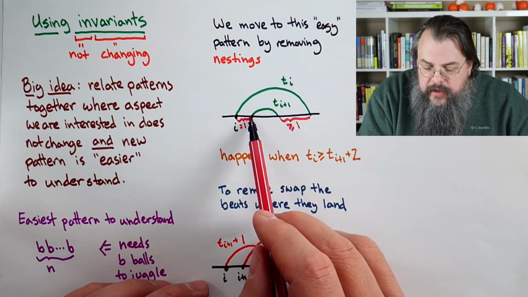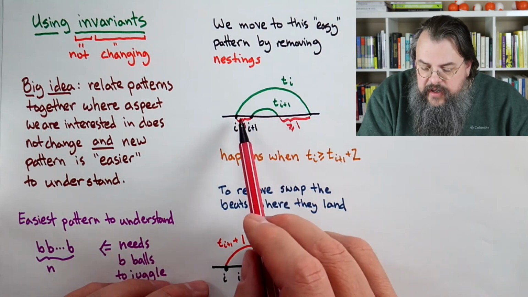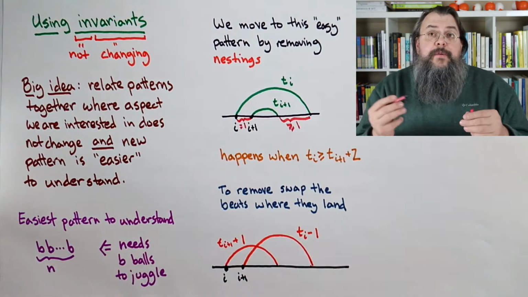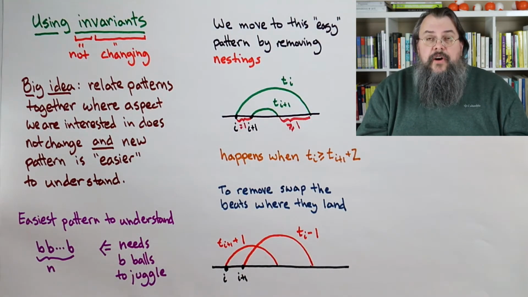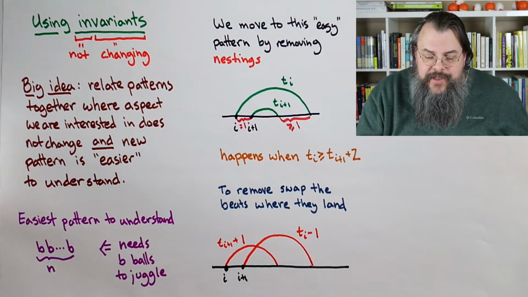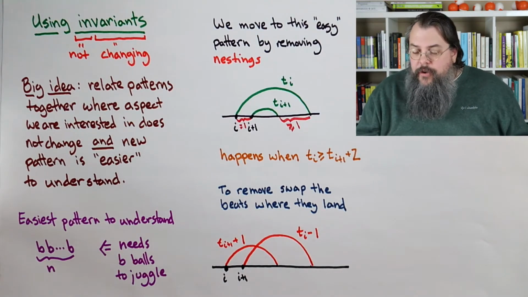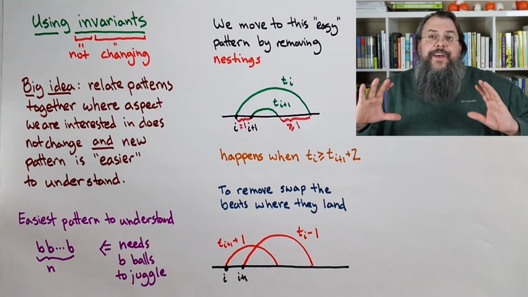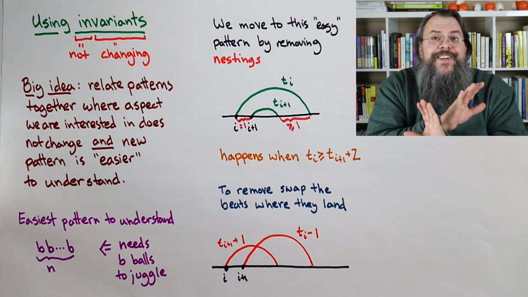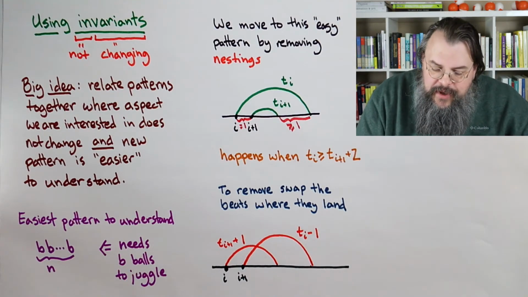And we say, aha, compared to the throw for I plus 1, it's at least 2, maybe more larger. Okay, so now, what's happening? Well, we're just going to switch. So what does that mean?